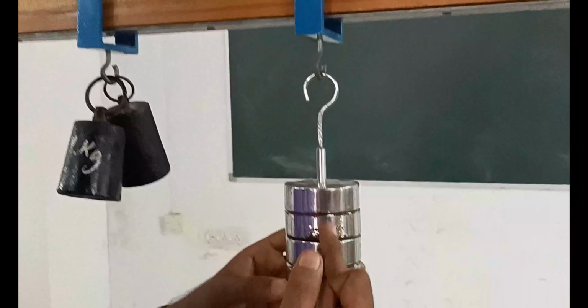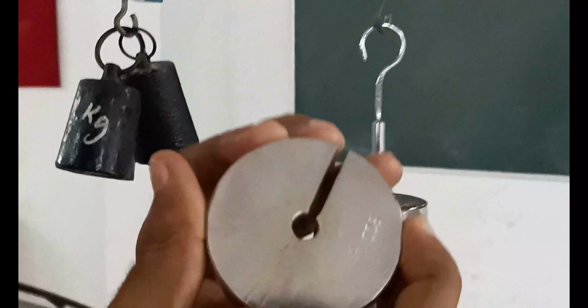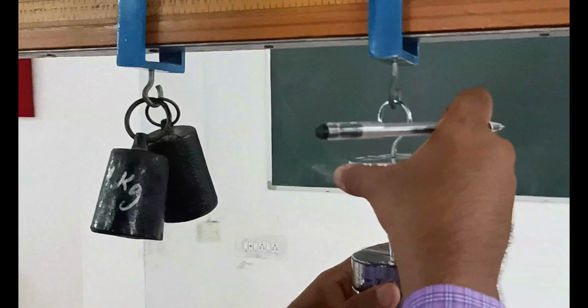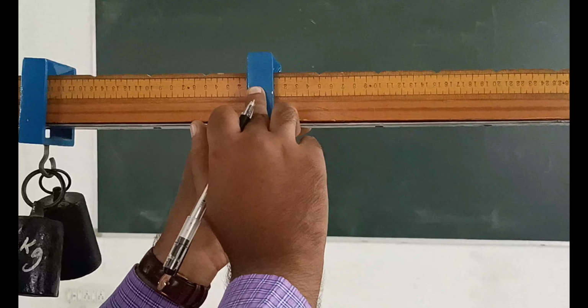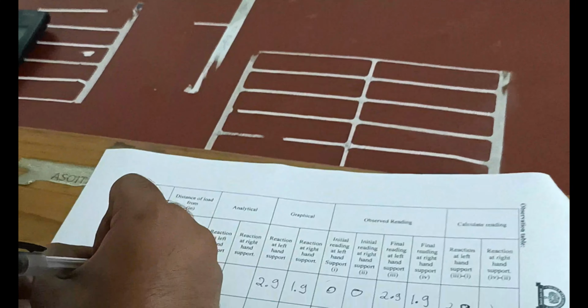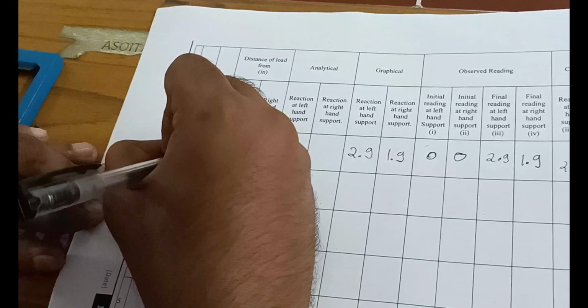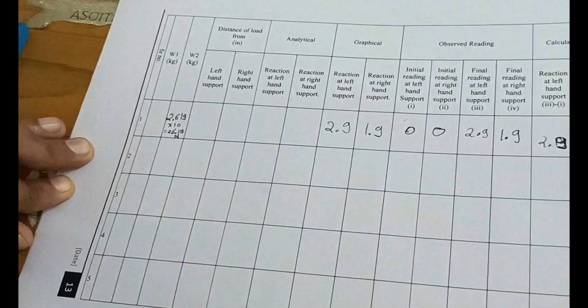If we see the weights here, each is 500 gram. As I show you, each weight is 500 gram, and the hanger is 119 gram. So the total weight will be 2.619 kg into 10, which equals 26.19 Newton.